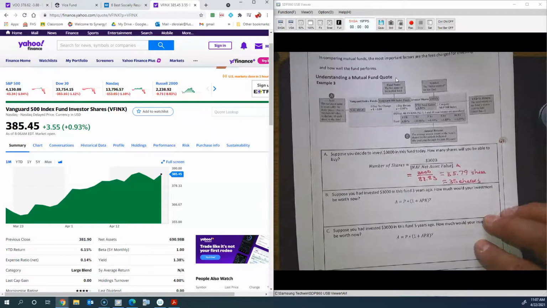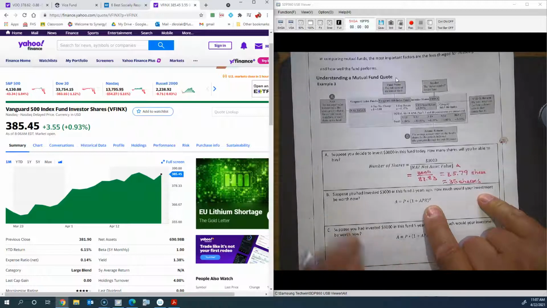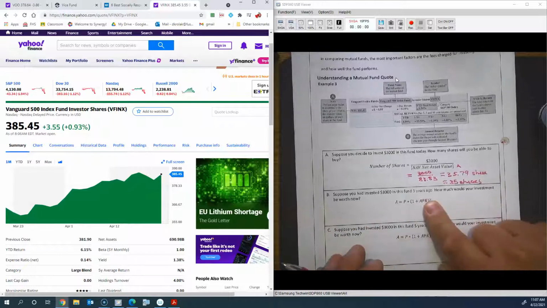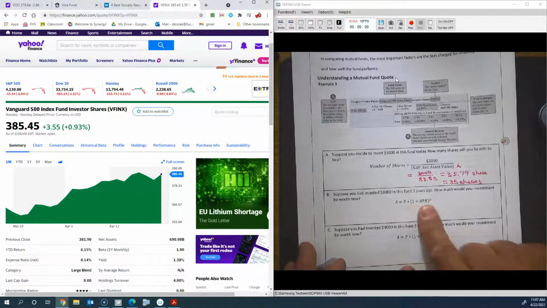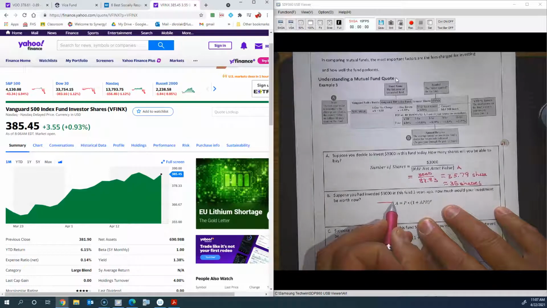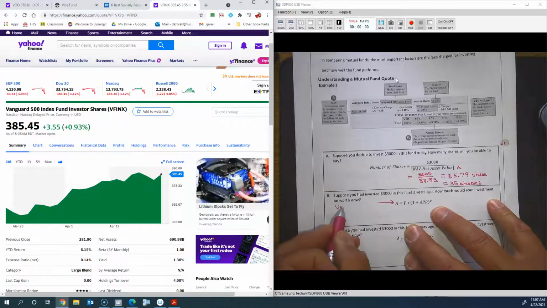All right, now in order to figure out how much your investment is worth, well, you use the same formula we used last week when we were doing compound interest. Okay? So this is the compound interest formula that pays once a year.